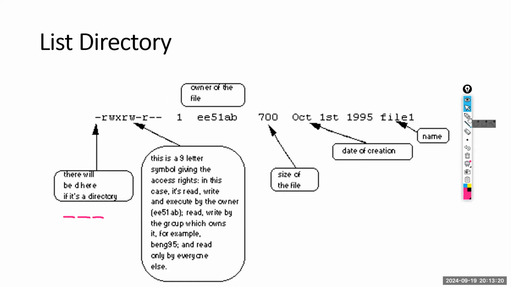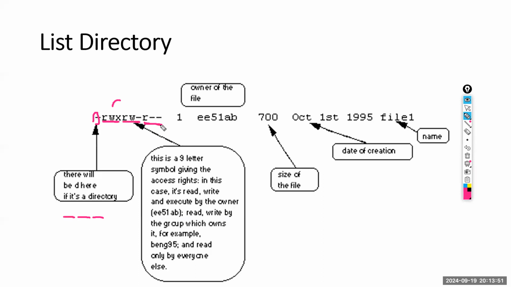So as I told you, this is blank, which means it's a file. If it is a folder, there will be d. And this is read, write, execute for the user. Read, write, but no execute for the group. Others have only read, no write, no execute. So the file owner can read, write, execute. The group members can read, write, but not execute.